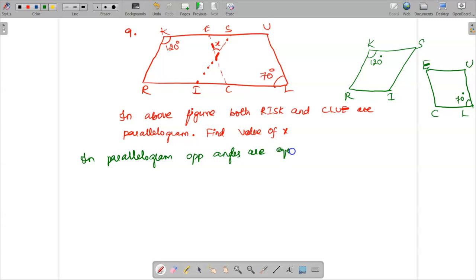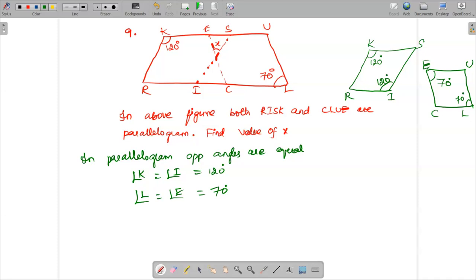So using this property I can say that angle K is equal to angle I. Okay, so this value is 120 degrees. Similarly angle L is equal to angle E. So when you see this parallelogram, angle L is equal to angle E, right? So this value is 120 degrees, this value is 70 degrees.